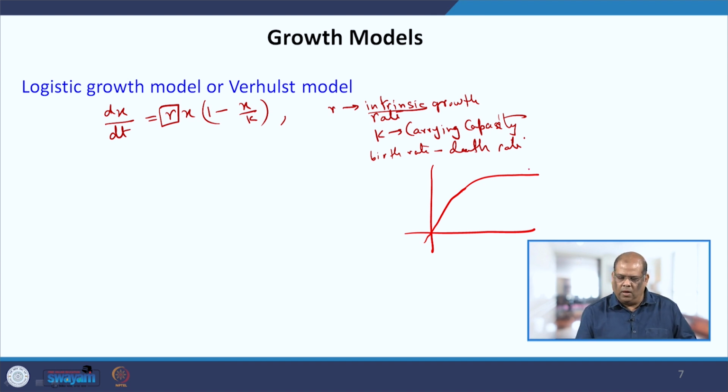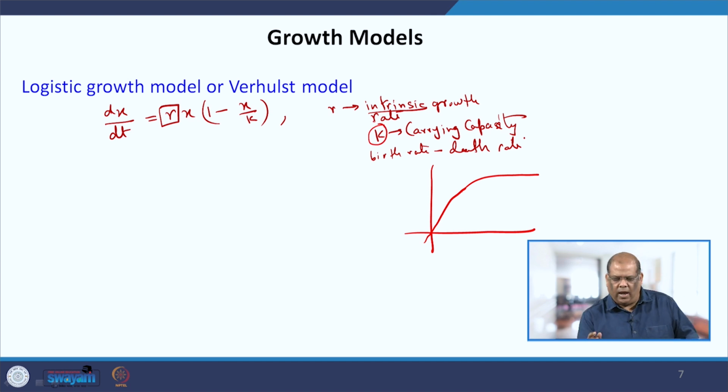So, this carrying capacity is something which your environment can support. For example, you consider this tumor growing in the liver. How much that body can provide support to that tumor so that it can grow substantially. So, that is what is called the carrying capacity.